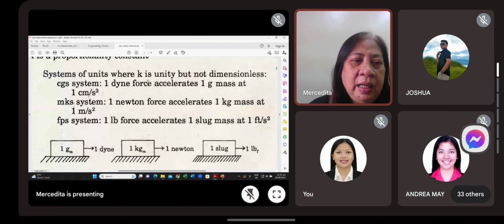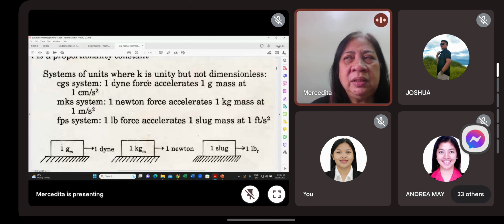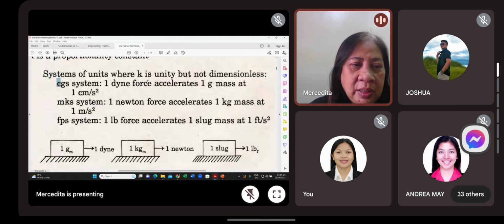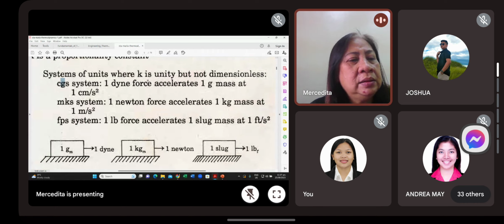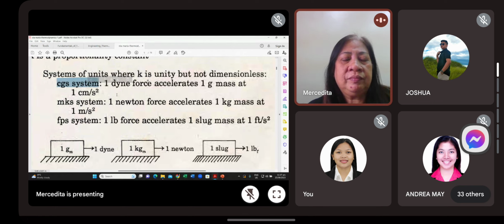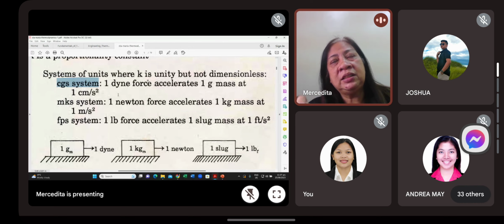MKS system. And yung isa pa, which is also metric, SI, kaya lang this one is in centimeter ang distance, ang length. Ang mass niya is in grams at ang time niya is in seconds. So, kaya meron siyang CGS system. So that we have here the resulting unit for force, which is mass times acceleration.